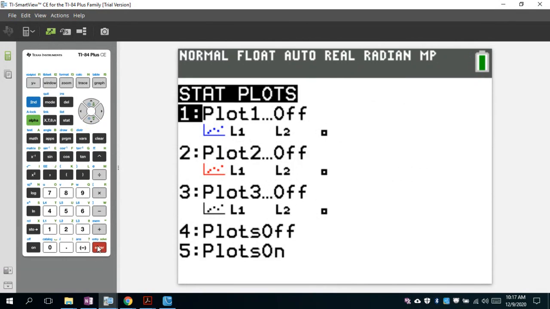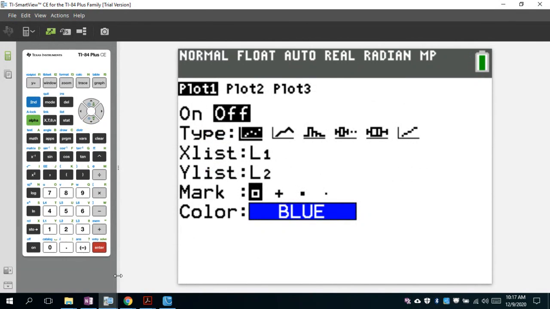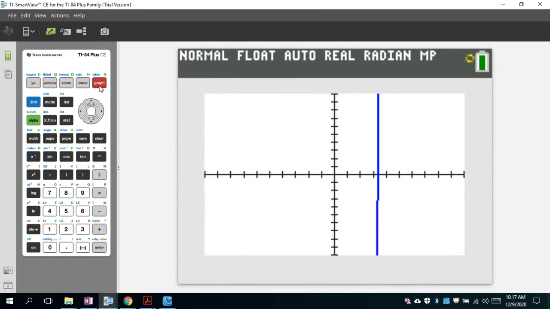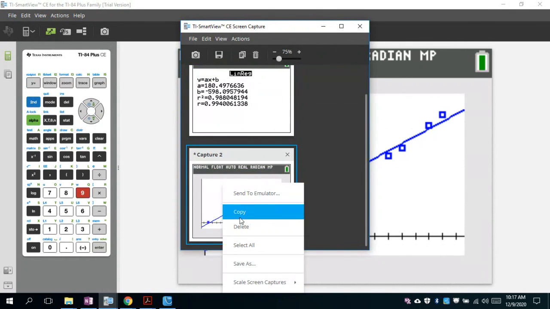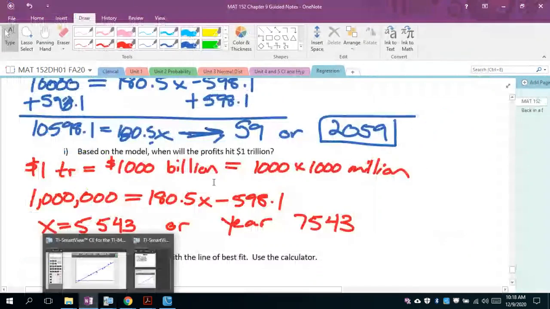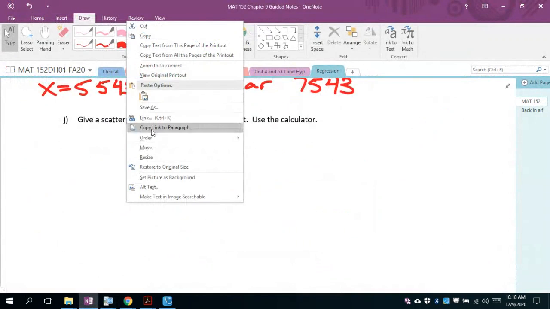Now I'm going to go to stat plot, turn that on. And then I'm going to leave it like that. Now, when I go to graph it, nothing happens. I'd have to hit zoom 9. There it is. So, needless to say, this is a pretty good fit for this.